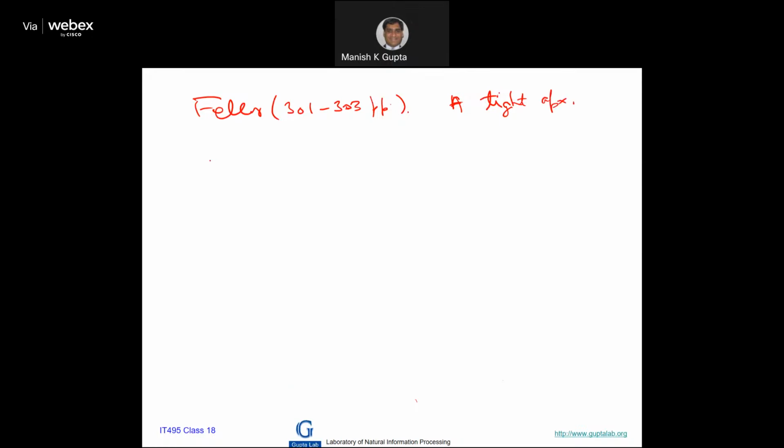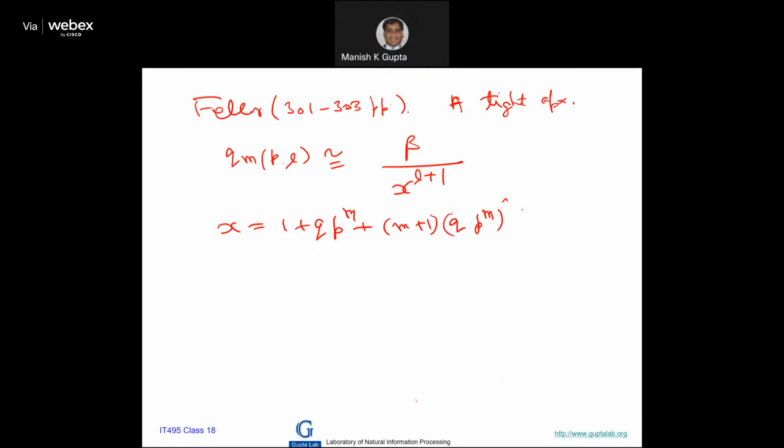The tighter approximation is that QMPL is approximately beta divided by x raised to L plus 1, where x is 1 plus q times p raised to m plus m plus 1 times q times p raised to m, whole square, and beta is equal to 1 minus px divided by m plus 1 minus mx times q.